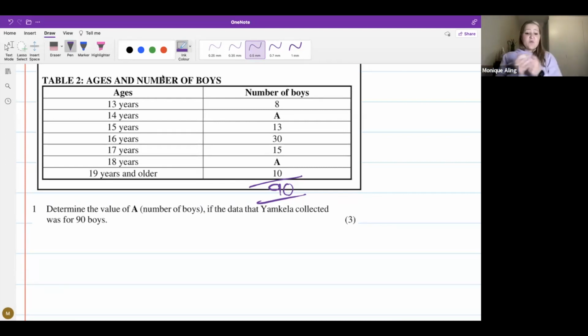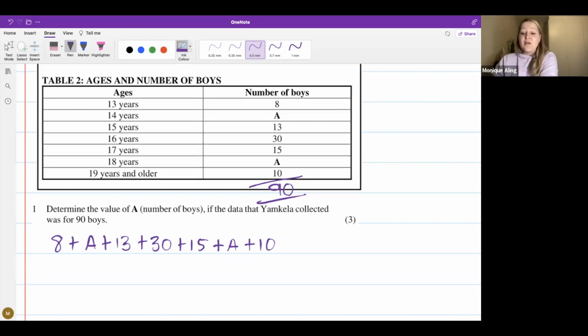Let's have a look at it. So we know that the total is 90 boys, right? So we can take all our numbers and say 8 plus the letter A plus 13 plus 30 plus 15 plus the letter A plus 10.